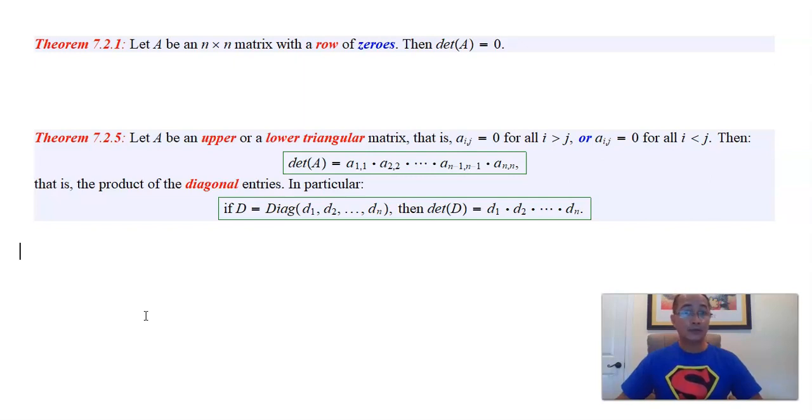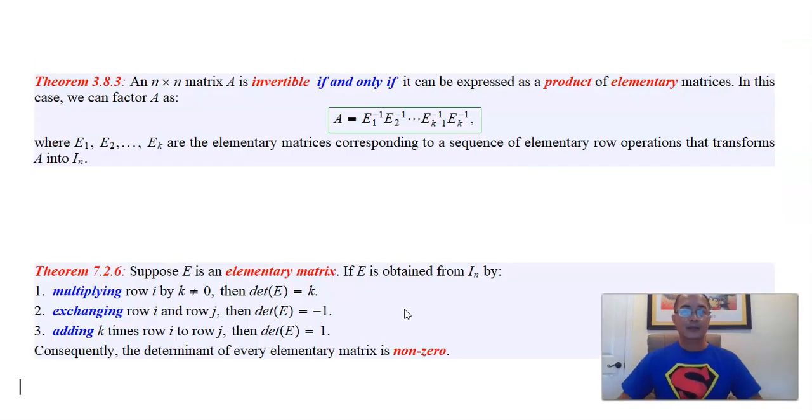In particular, this also works for diagonal matrices. In all of these cases, the determinant of the matrix is simply the product of the diagonal entries. So you take A11 times A22 all the way down to ANN. Fair warning, this only works if your matrix is upper or lower triangular. It obviously does not work in general.